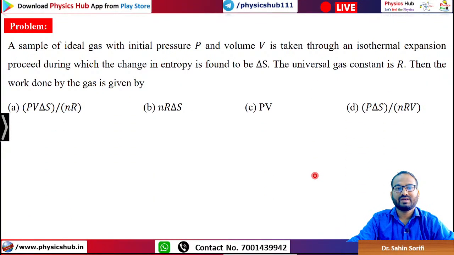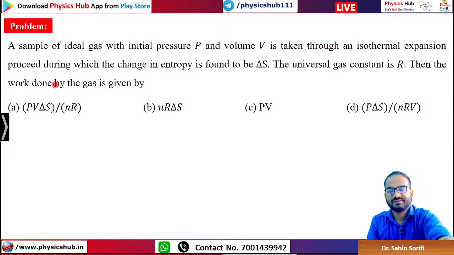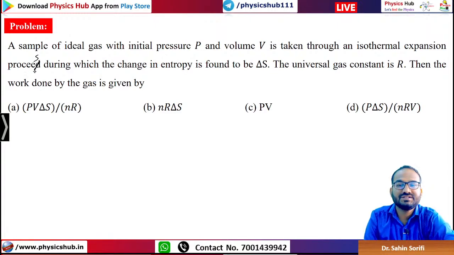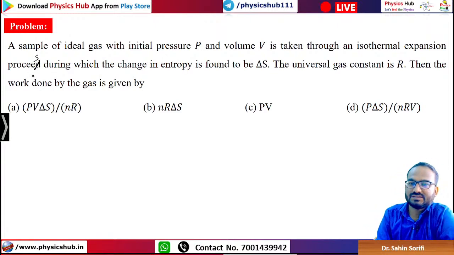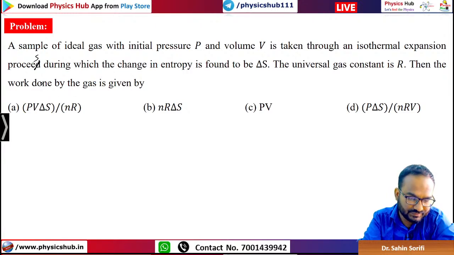A sample of ideal gas with initial pressure P and volume V is taken through an isothermal expansion process during which the change in entropy is found to be delta S. The universal gas constant is R, then the work done by the gas is? Can you do this?